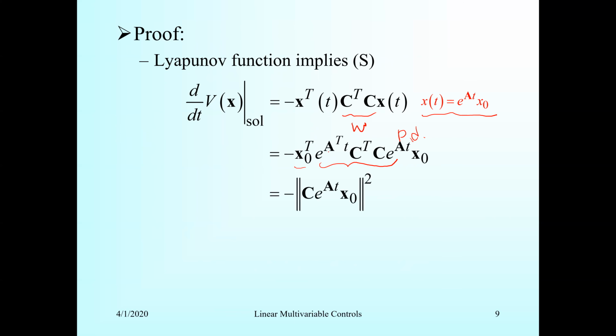This is nothing but we can write C x, a norm square, like y transpose y is y square. This is a negative sign here, so I integrate both sides.